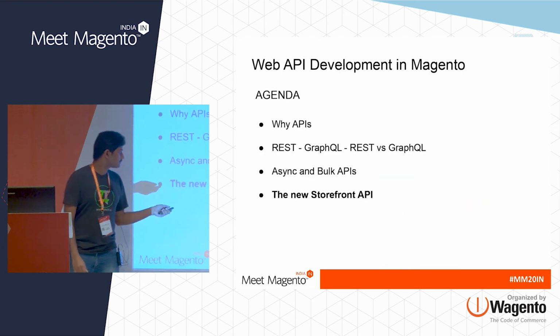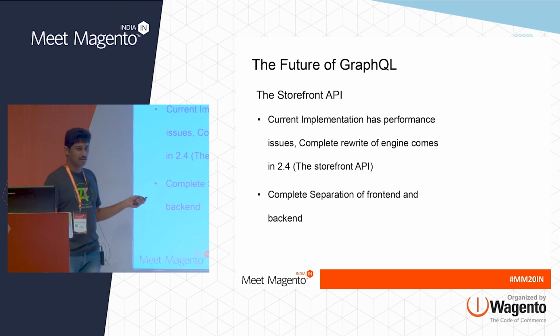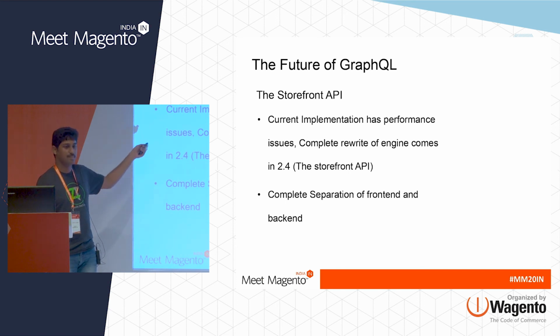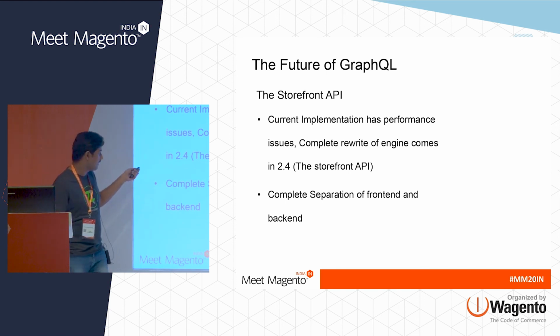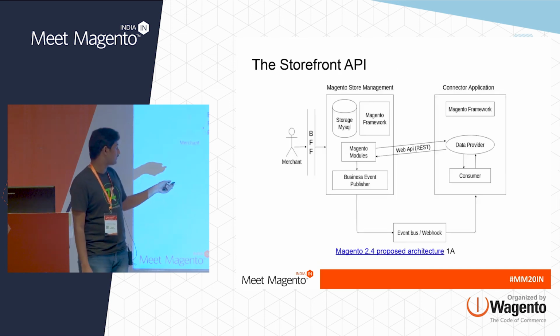Then there is the new storefront API. This is what was discussed by Jesse today, and it will solve all the performance issues with the current GraphQL engine, with a complete separation of front end and back end.